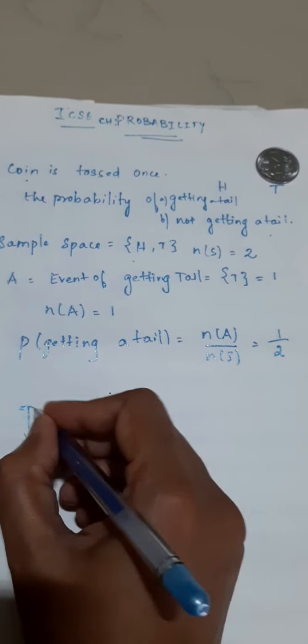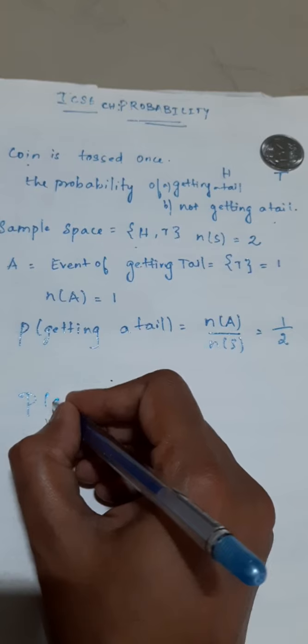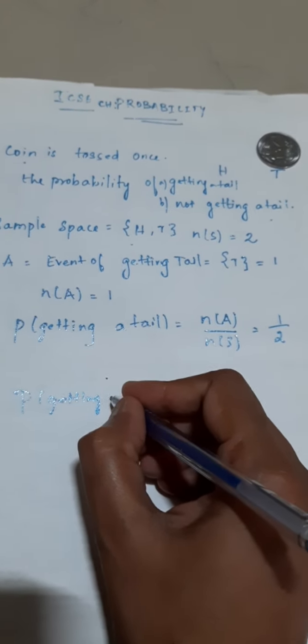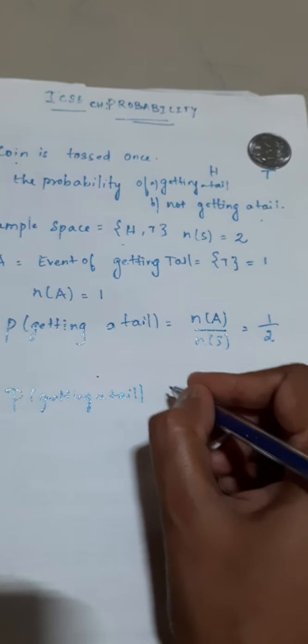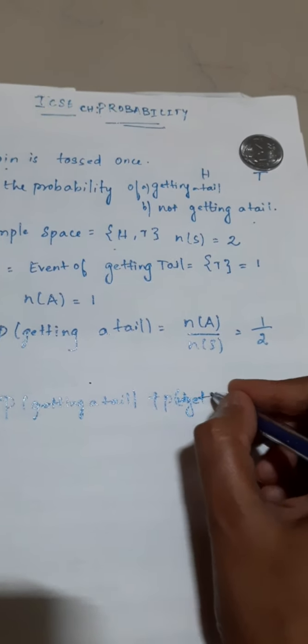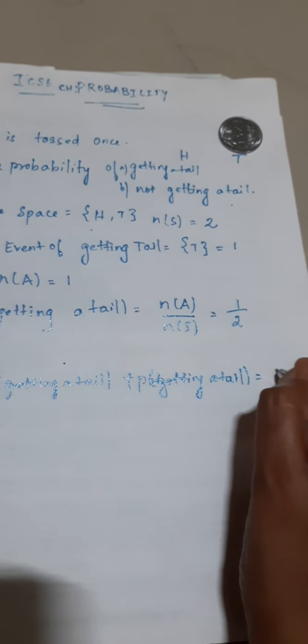Probability of not getting a tail is the second part of the question. So probability of getting a tail plus probability of not getting a tail is equal to 1.